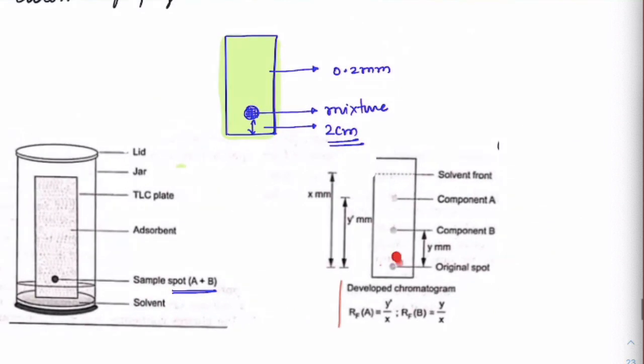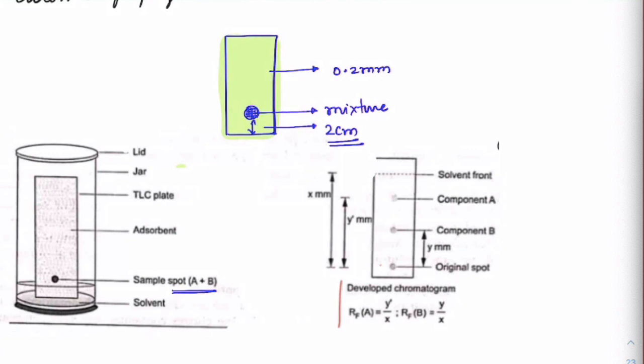When it is moving upwards, this spot will come in contact with the solvent, and in that solvent phase, out of A and B, one of them will also start moving along with the solvent. Like you can see on this TLC plate, everything is moving. The solvent has almost come to this part.